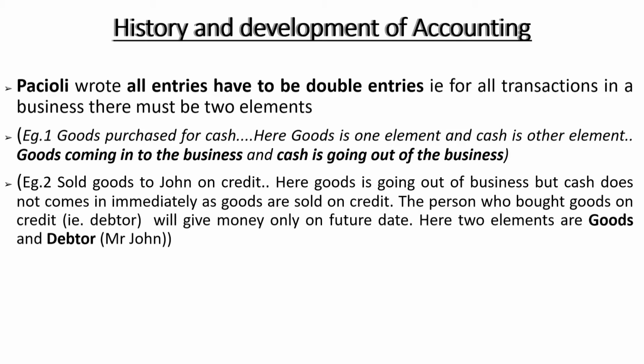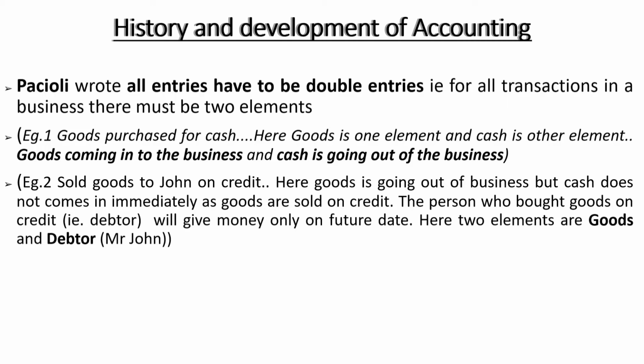Here goods are going out of the business, but cash does not come in immediately, as the goods are sold on credit. Sometimes business organizations may sell goods on credit to customers. That means they pay the money on a later date only. The money is not received on the same day of the sale.